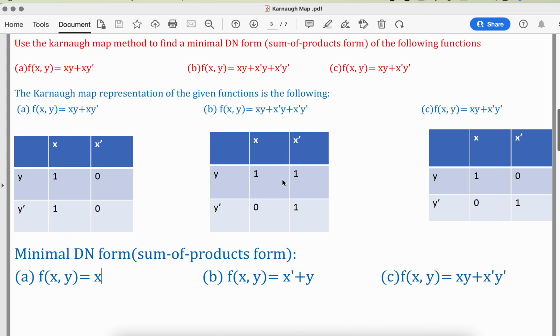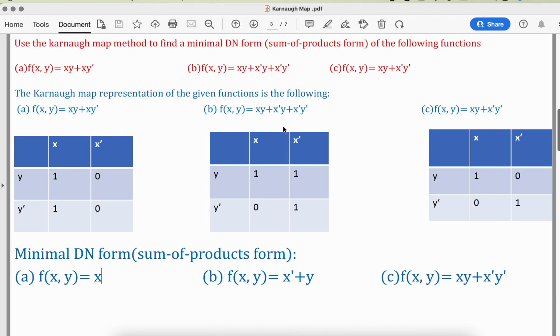So here we have two rectangles. One is this horizontal rectangle containing 1, and another is this vertical rectangle containing 1. So horizontal rectangle gives y because here we have x in complemented and uncomplemented form, and vertical rectangle gives x dash because in this side we have y and y dash in complemented and uncomplemented form.